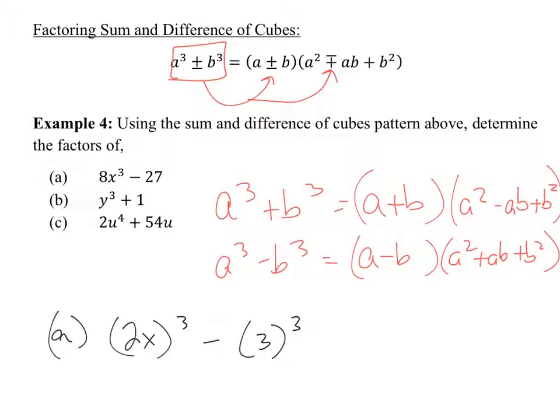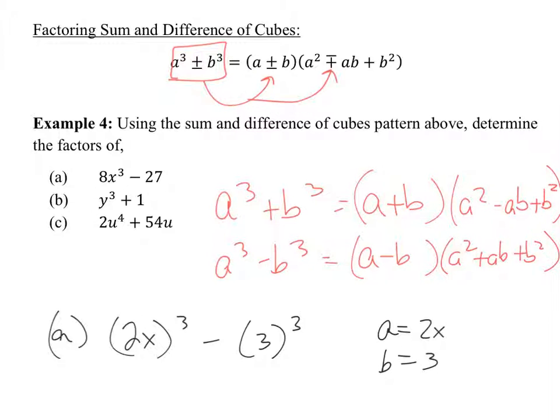Now, A is 2x. B is 3. Again, I'll point it out so you can see. Remember the formula told us if we have a minus sign here, we need something cubed. Well, this is A then, right here. This is A, and this is B. So if you need to do it on the side, you want to write down A is 2x, and B is 3.